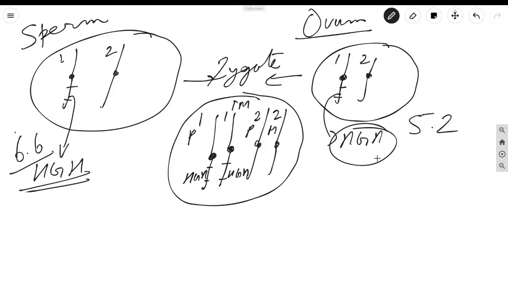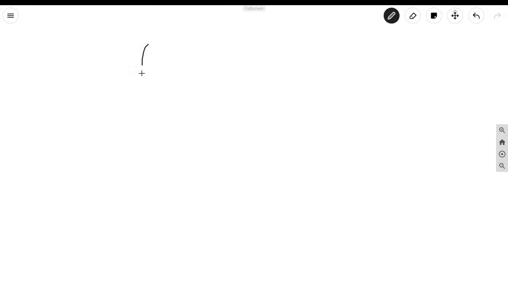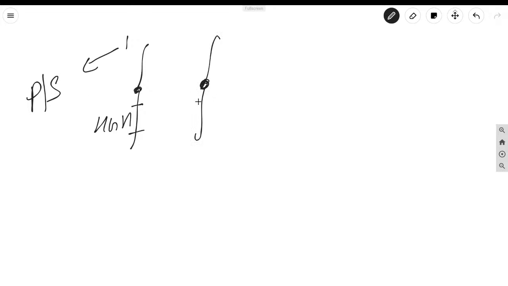Now let's zoom in. If you take chromosome number 1 from the sperm, HGH, this is from the paternal side, the sperm, and this is from the ovum, the maternal side chromosome number 1 only.